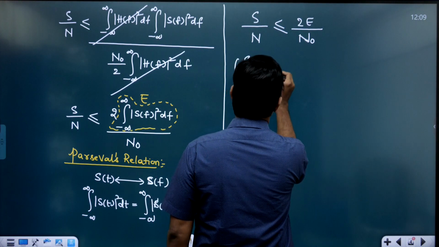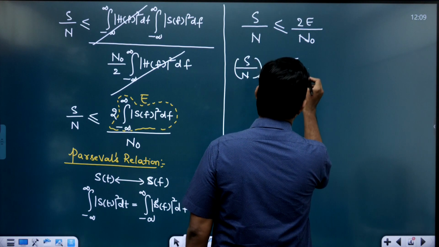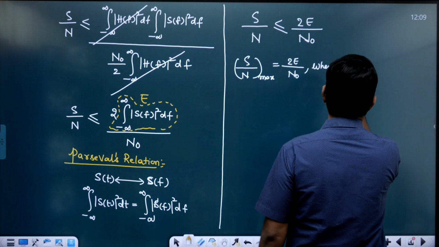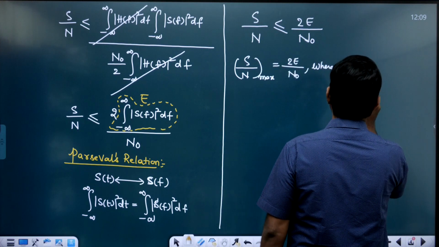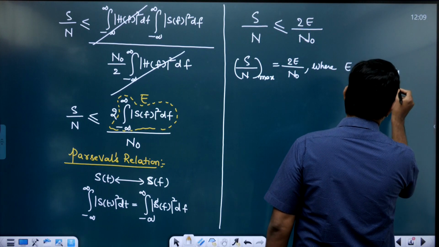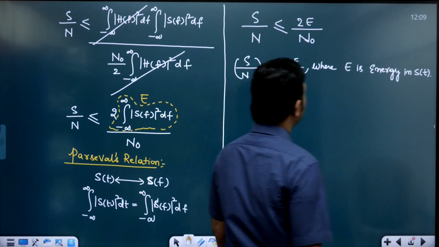Maximum signal to noise ratio is 2E by N0, where E is the energy in s(t).